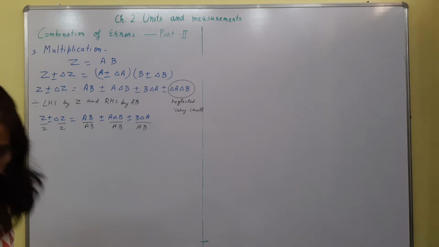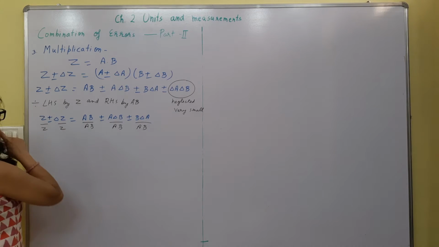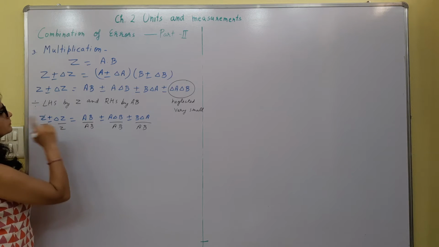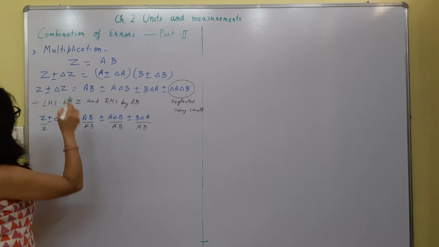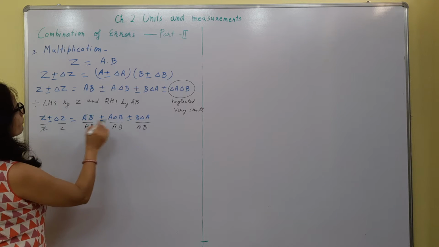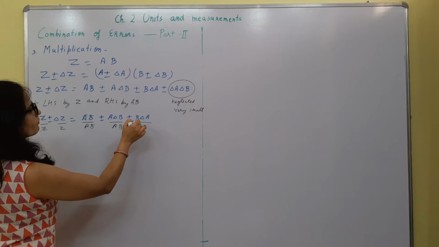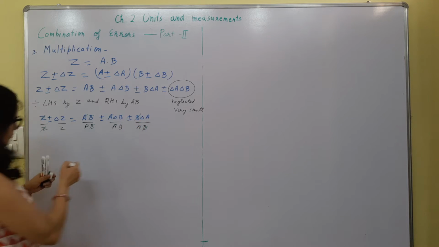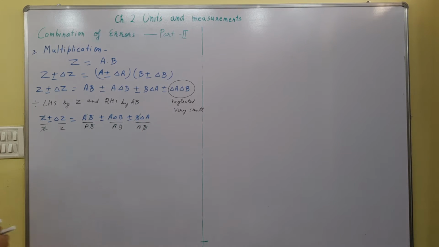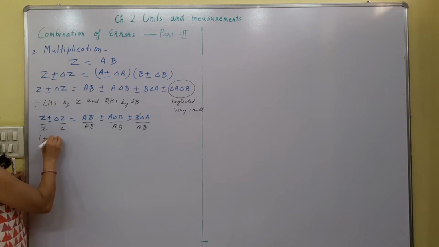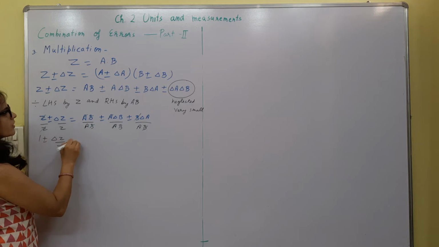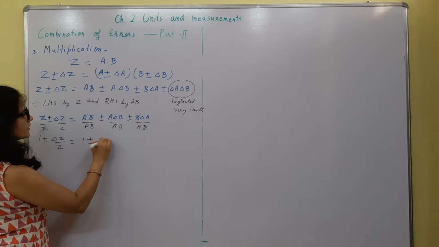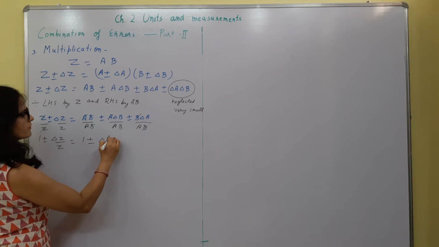Let's see, whatever we can cancel, we'll cancel. So what will I get? I'll get 1 plus minus delta Z upon Z is equal to 1 plus minus delta. I'm writing this first.